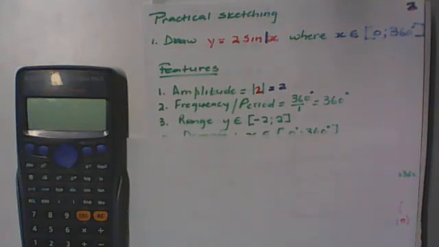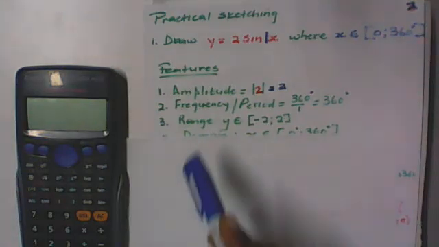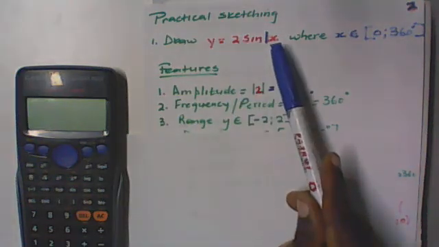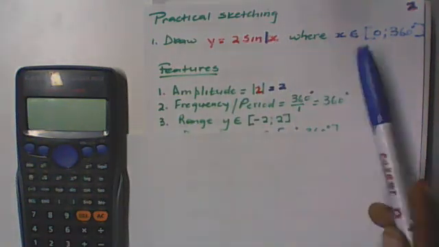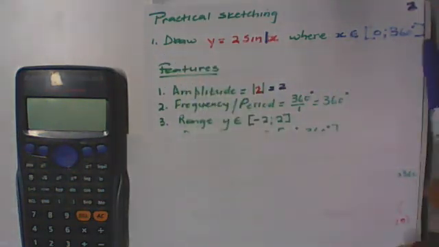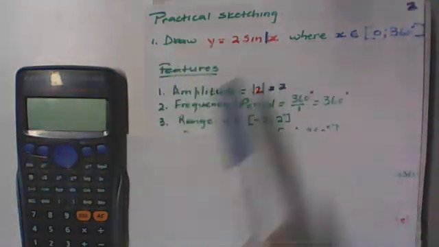S stands for speed. A, which is the very important one, is accuracy. Whatever you do, you have to understand it first. That is why I say you must read this: draw y is equal to 2 sin x, where this is equal to. You have to understand the entire meaning of the whole thing.